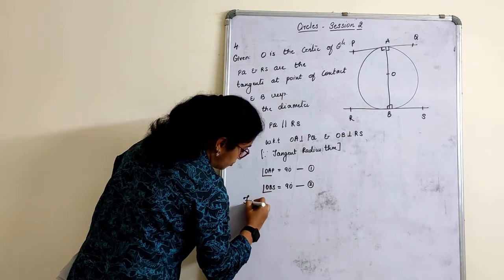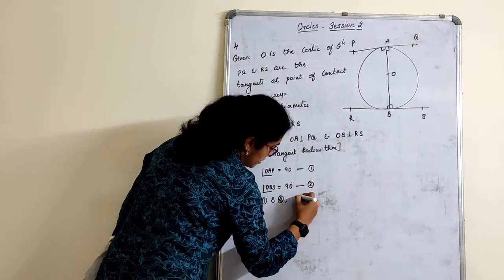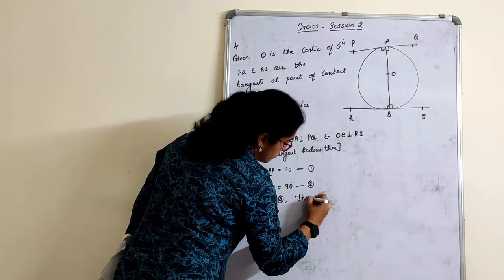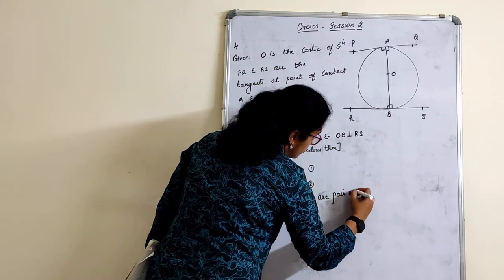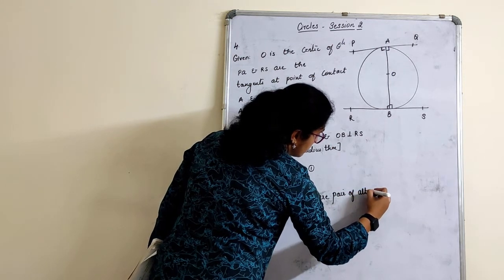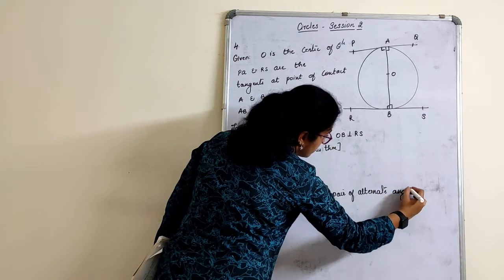From 1 and 2, these are a pair of alternate angles.